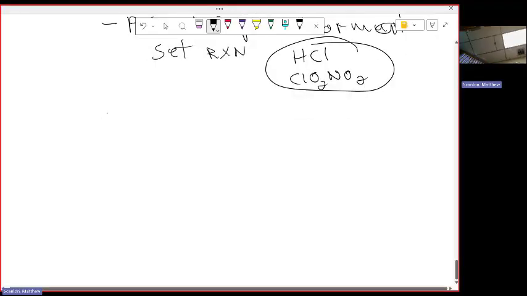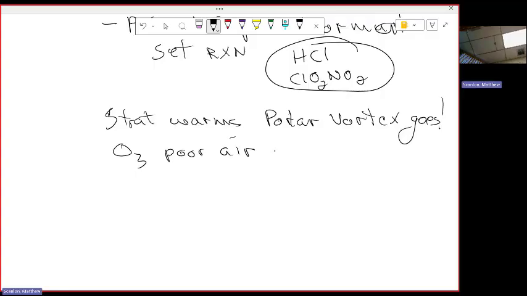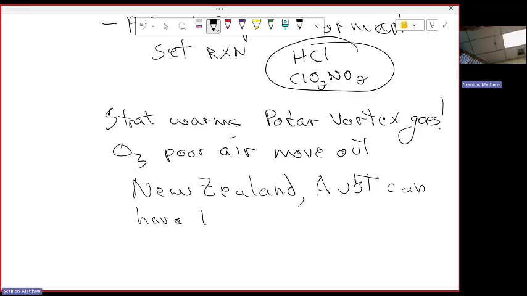As the stratosphere warms, the polar vortex disappears. And so the ozone-poor stratospheric air can move out. And it does. New Zealand and Australia can have some low O3 levels. And that has been recorded.